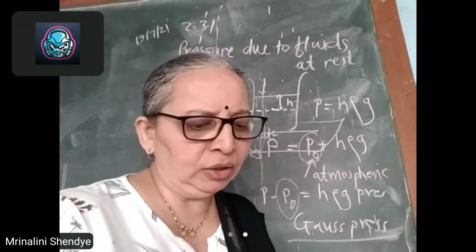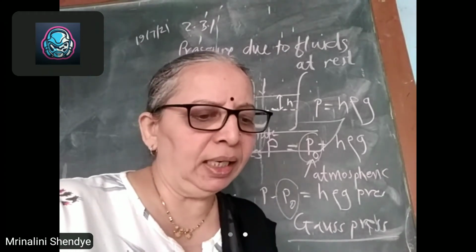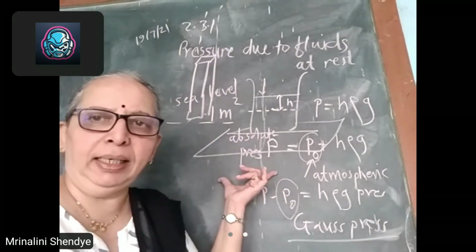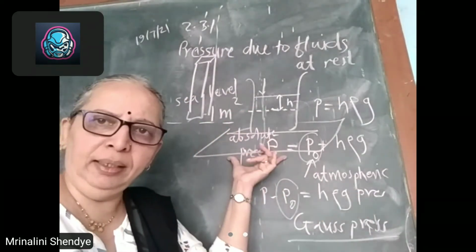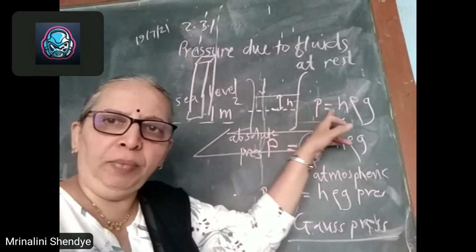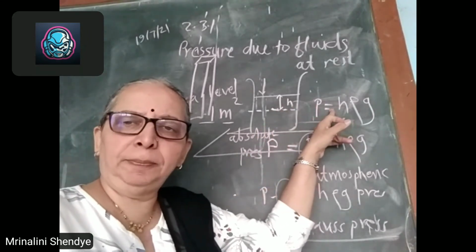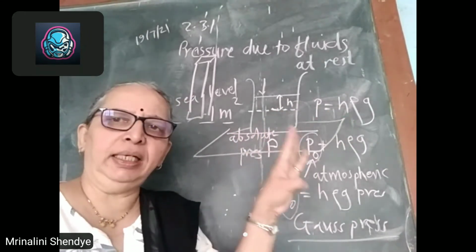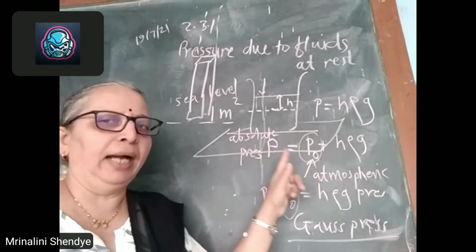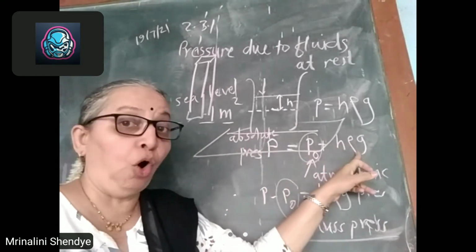So this is all about pressure experienced by a particle within fluid at depth h from its free surface. It has three terms: total pressure, atmospheric pressure and gauge pressure.